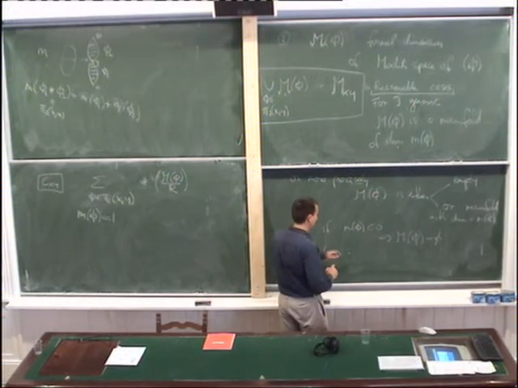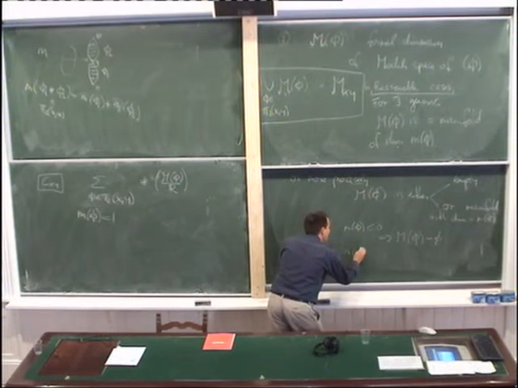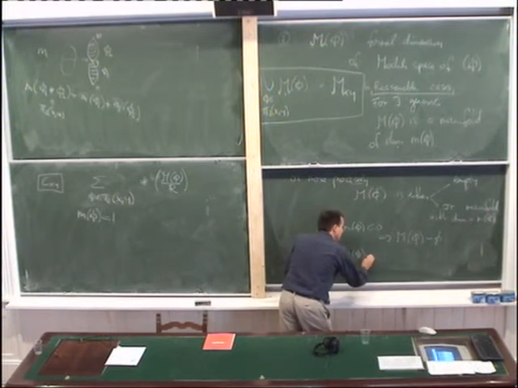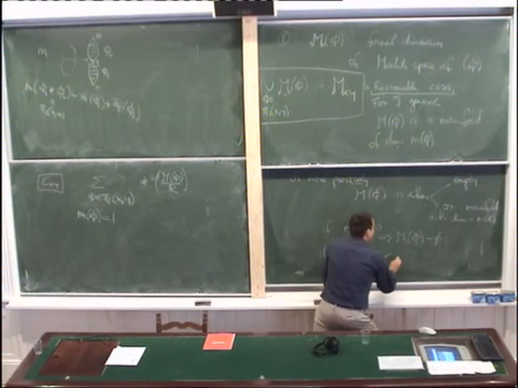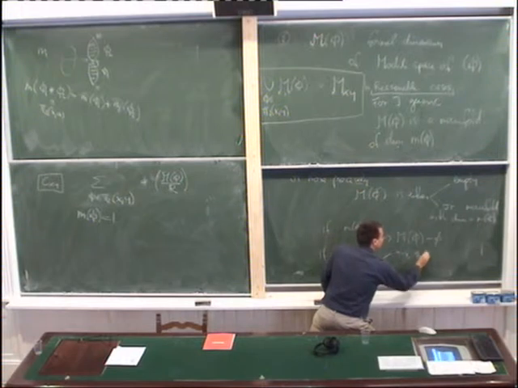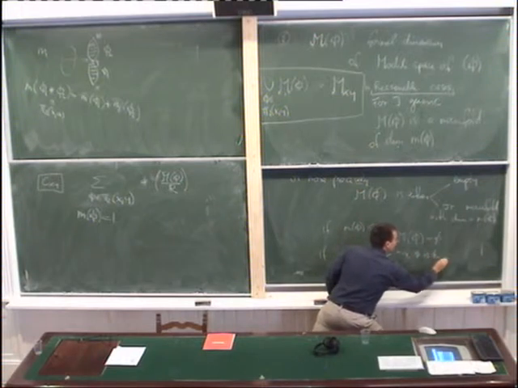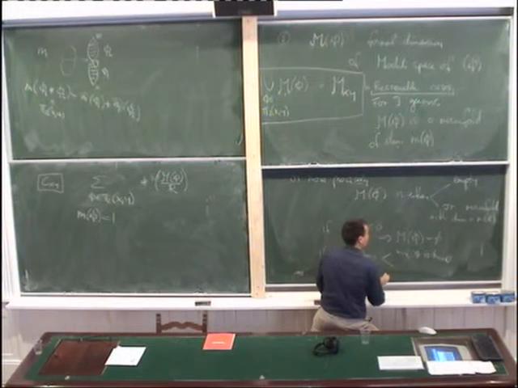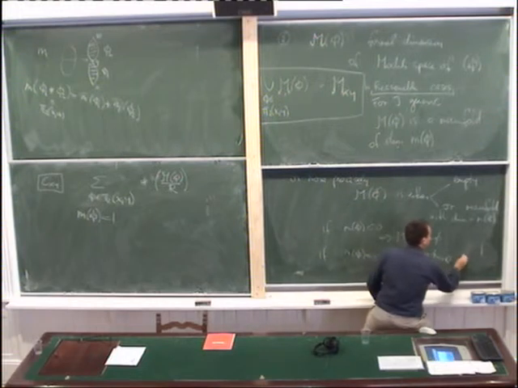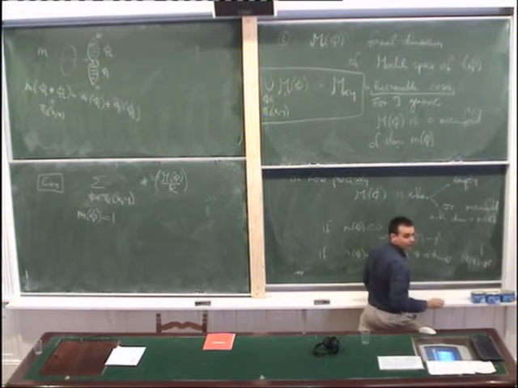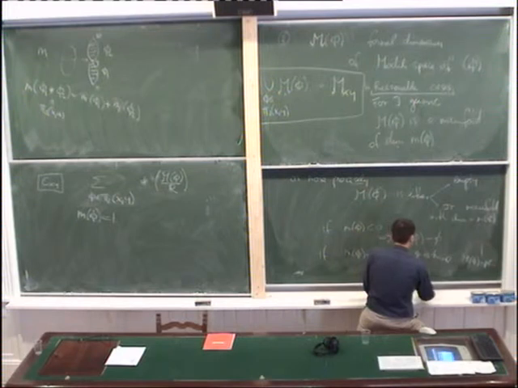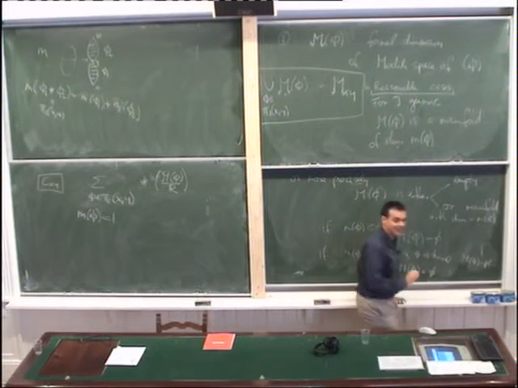If you want to add something to that, if M of phi is 0, then either x equals y and phi is trivial, and in that case the moduli space of phi is just one point, the constant map.